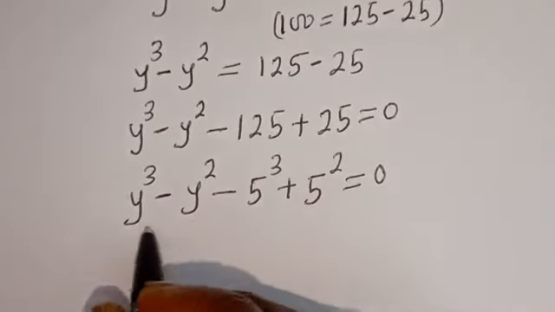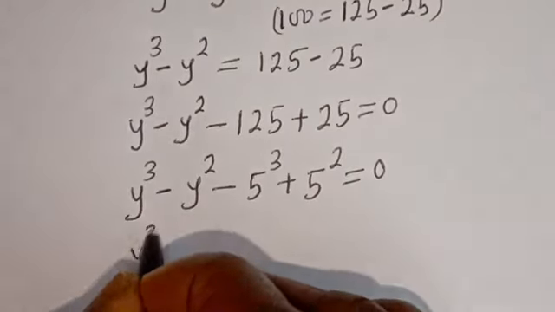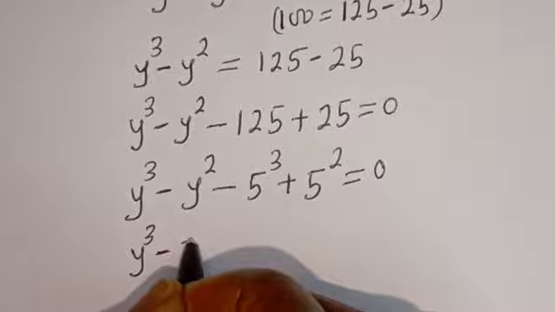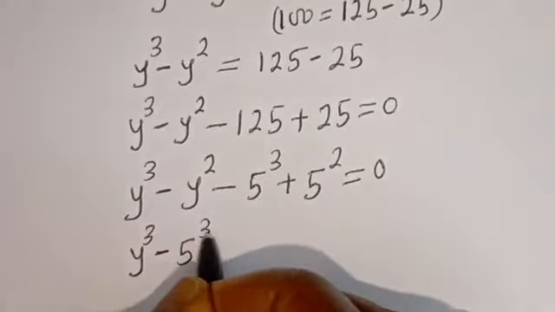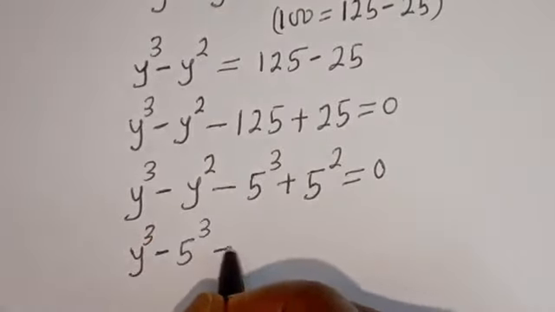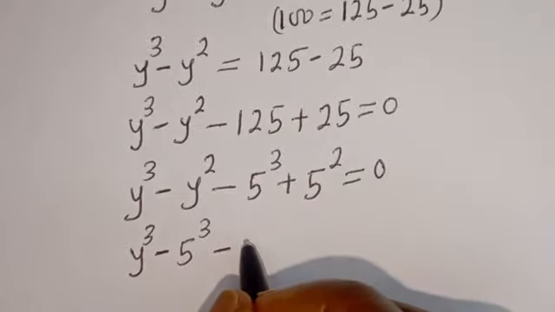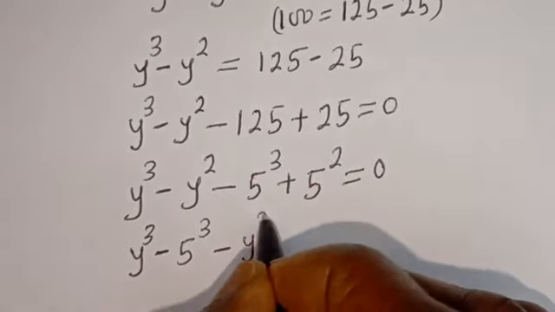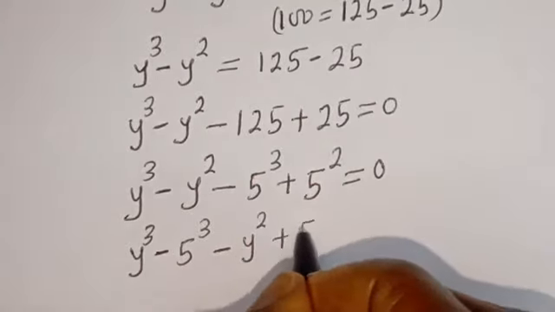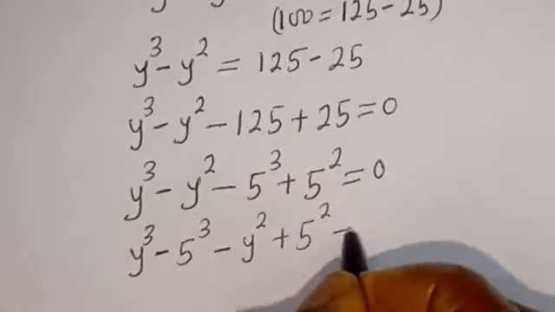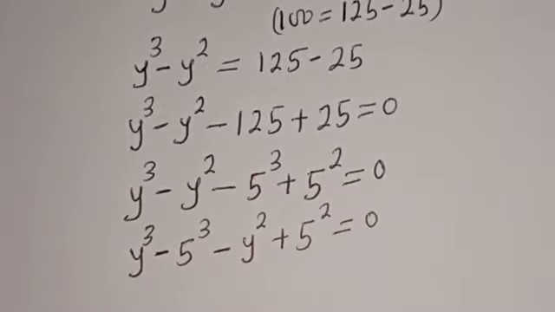Now let's pair this. We have y to the power of 3 minus 5 to the power of 3, here is minus y square plus 5 square is equal to 0.